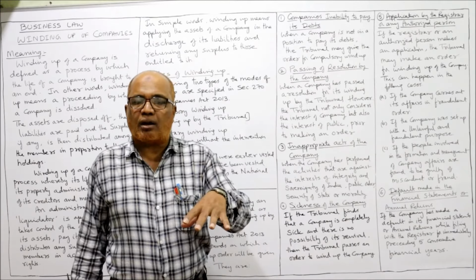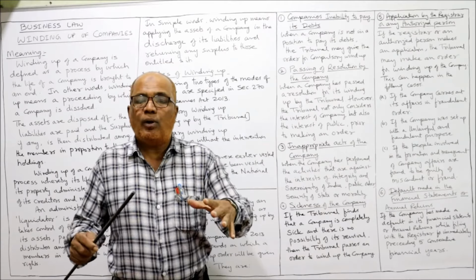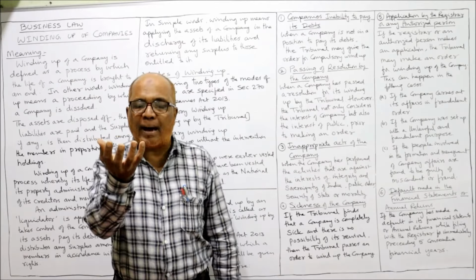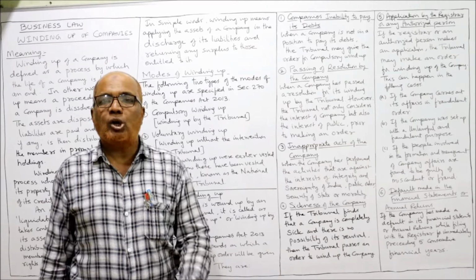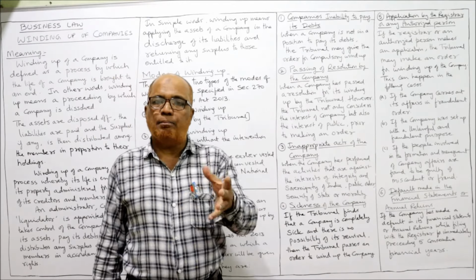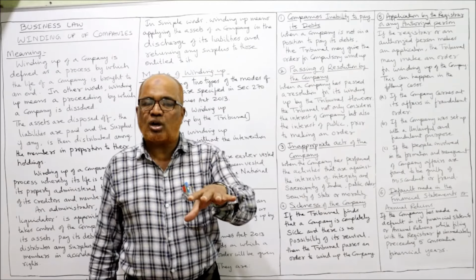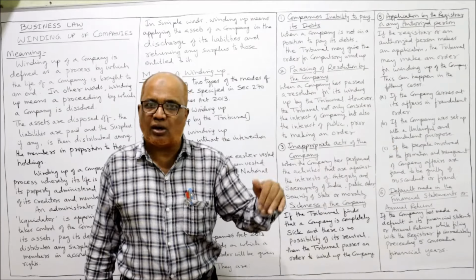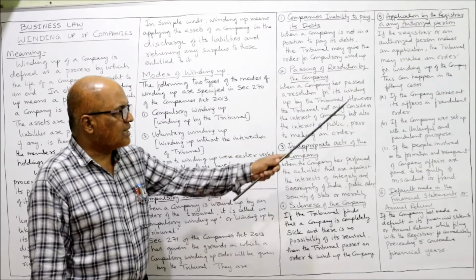If the registrar or an authorized person finds that the people at the helm of the company, in its management, are engaged in some misconduct or fraud, then the registrar or an authorized person will request the tribunal to pass an order for compulsory winding up of the company. So these are the cases.